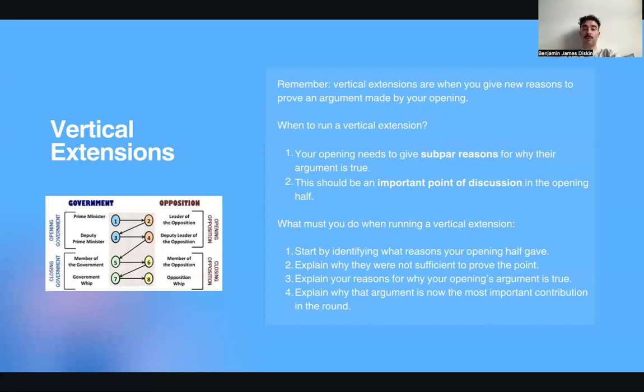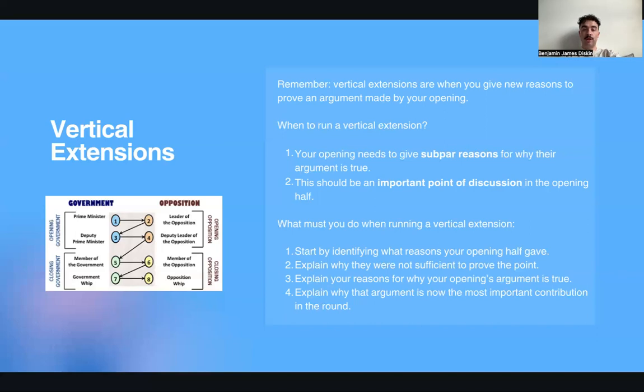And so you might be able to explain that based on their reasons, they can only claim 1 or 2 small impacts. But with your reasons, you can claim much more important impacts in a debate, much more often, for example. Now, obviously, after you have explained both what your opening's reasons were, and secondly, why they were not sufficient, you should then provide your new reasons as to why the argument made by your opening is actually true.